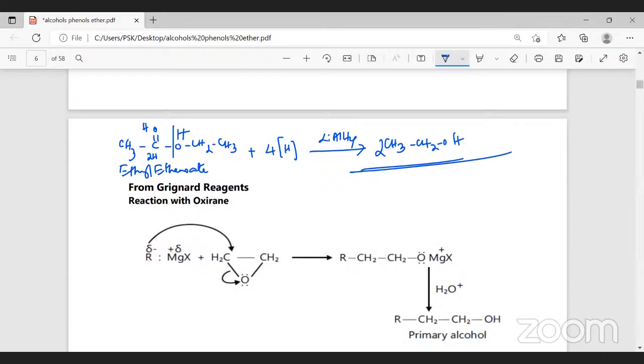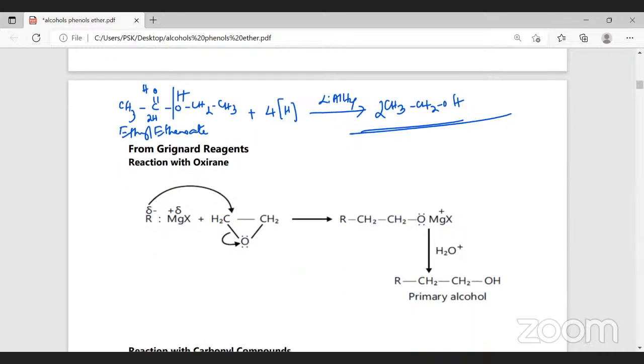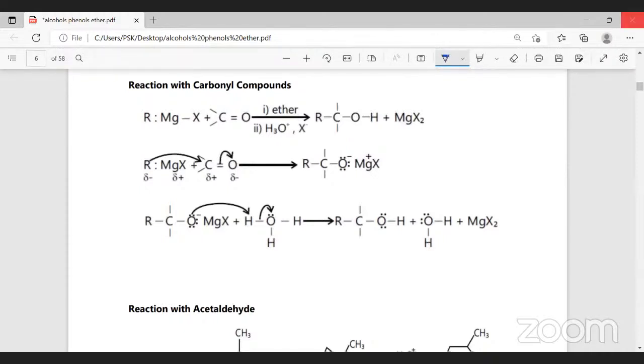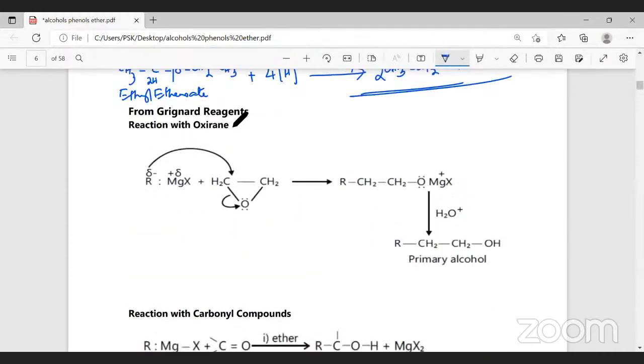Now we have to learn preparation with Grignard reagent. Preparation of aldehydes with a Grignard reagent, this reaction we do not have, that is, reaction with oxirane we do not have in the syllabus, so not to worry about it.